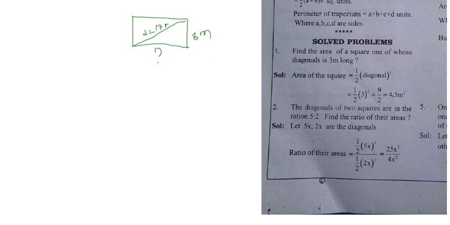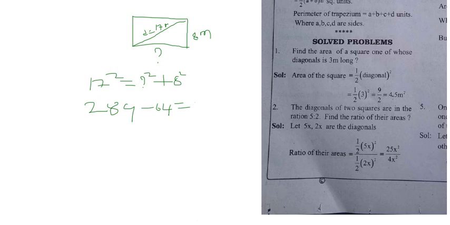With the help of Pythagoras law, 17 square is equal to question mark square plus 8 square. Yes or no? And here 17 square is 289 minus 64, since 8 square is 64. That is equal to question mark square.